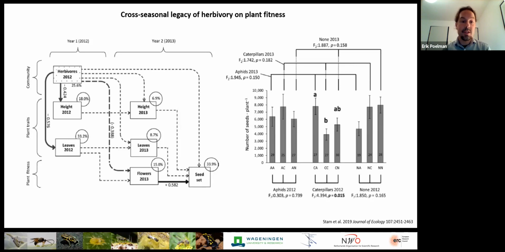So what we could identify is that these plant-mediated species interactions also can happen across different years, across different seasons, even when there's a winter in between. So what we identify with that is that these patterns of dynamic interactions are really important for the plant, even if you are a perennial.